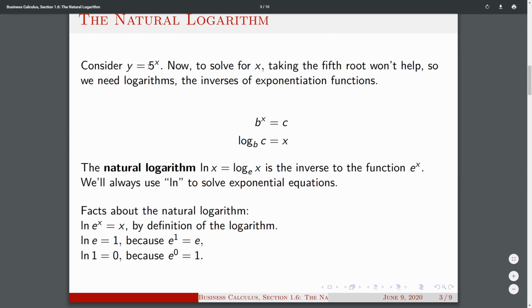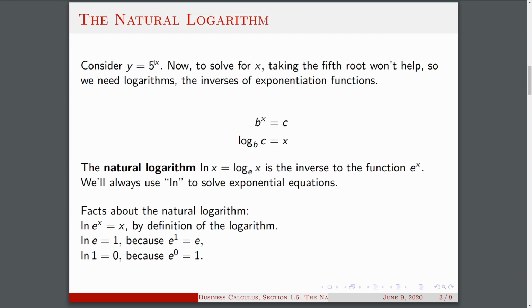Instead of x to the fifth, now we have 5 to the x. All right, so now what I've done is, instead of writing the variable on the base and raising it to some number, now I have some number and I'm raising it to the variable. So I switched it up slightly.